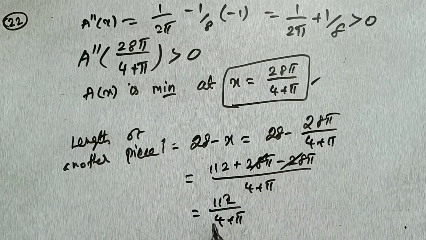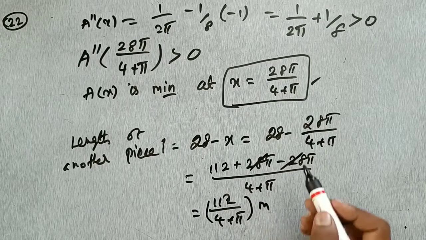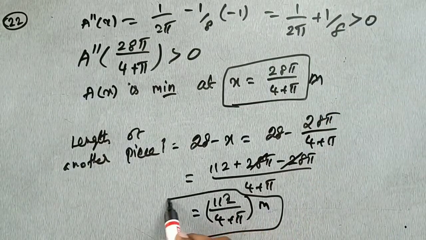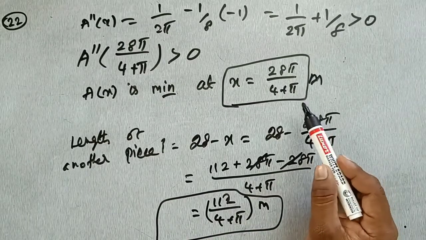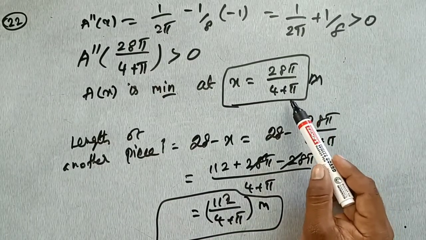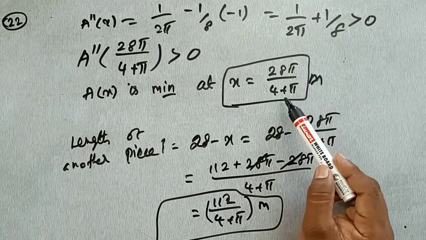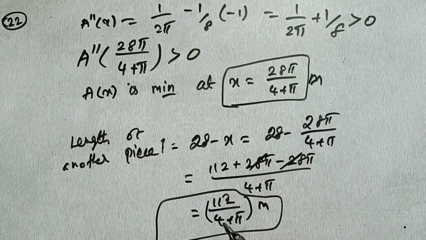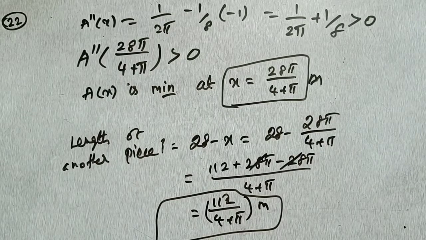So this is the length of the second piece, in meters. The first piece, to be made as a circle, equals 28 pi by 4 plus pi meter. Similarly, the second piece, to be made as a square, equals 112 divided by 4 plus pi meter. Clear? Next, question number 23.